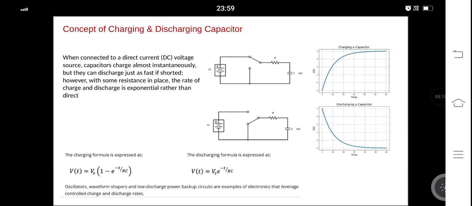We can calculate the voltage from the charging formula as well as the discharging formula. Oscillator waveform shapers and low-discharge power backup circuits are examples of electronics that leverage controlled charge and discharge rates.